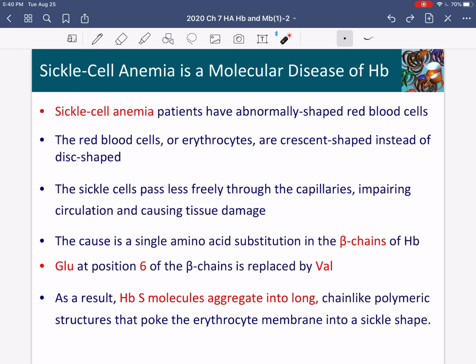So it's the specific aggregation into non-covalent polymers that poke the erythrocyte membrane into that sickle shape.